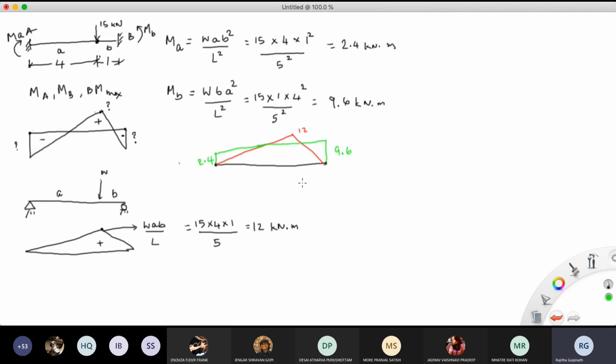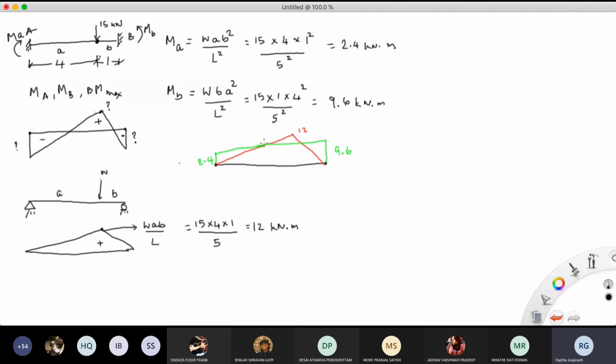All right. Now there is that negative area, so all this area will get negated. So ultimately I have to find out what the value is here.